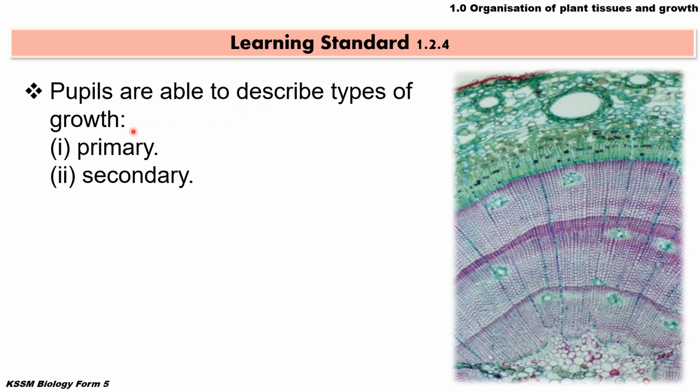Dia ada primary growth and secondary growth. So, the title for the next page dalam buku rampaian, growth in plant, in bracket, primary and secondary growth. Bukan primary school, bukan secondary school. Okay? Alright, ready?